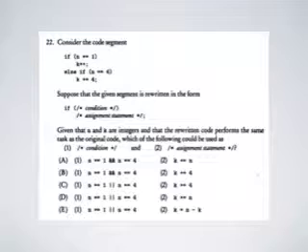Given that n and k are integers and that the rewritten code performs the same task as the original code, which of the following could be used as block 1, the condition inside of the if statement, and block 2, the assignment statement within the condition of block 1?